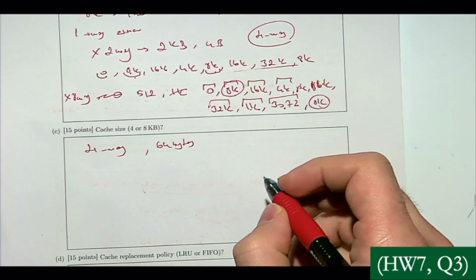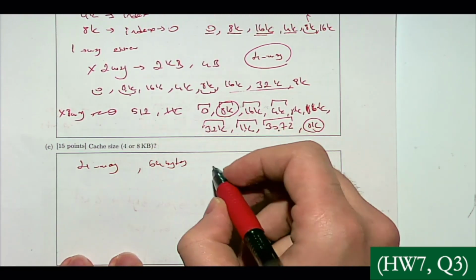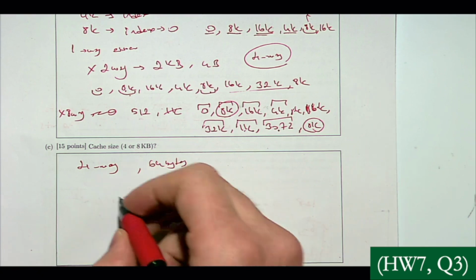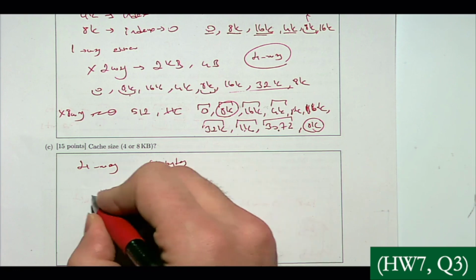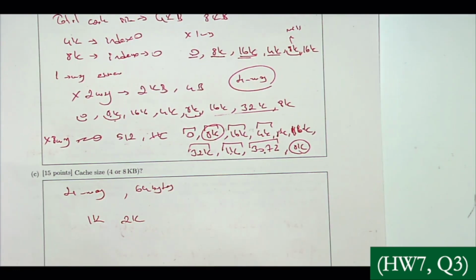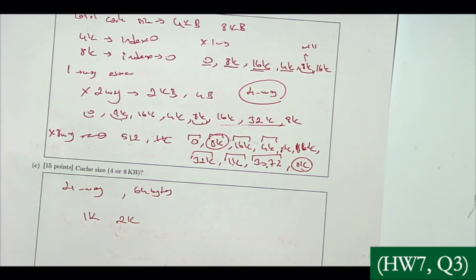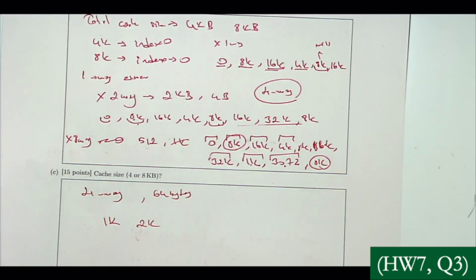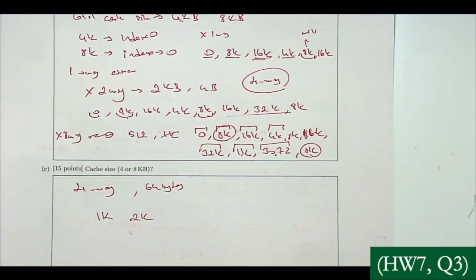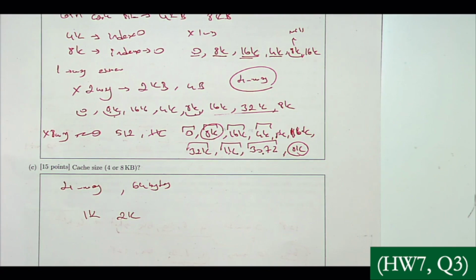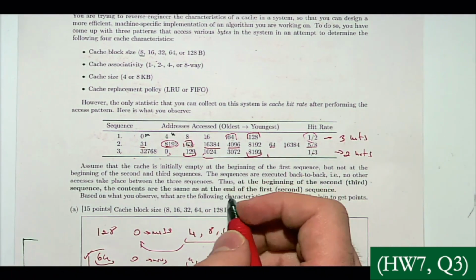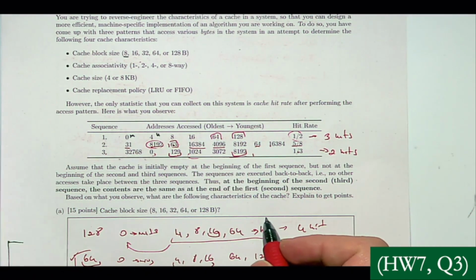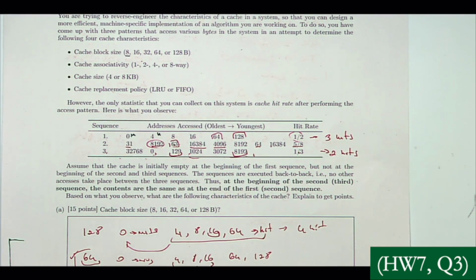So here the size of the ways is either 1K or 2K, given that the cache size is either 4K or 8K. So what we need to do is consider all of the sequences, but we're going to focus on the third sequence.